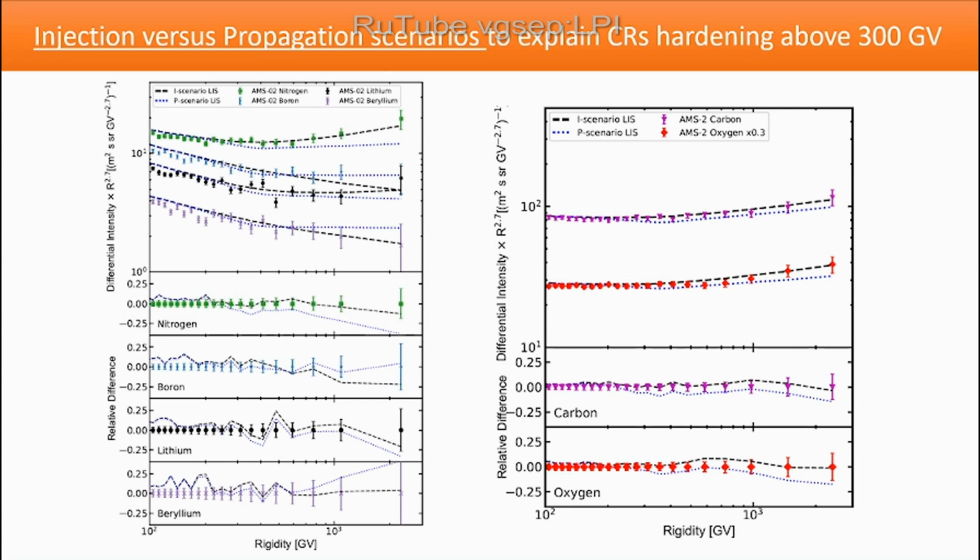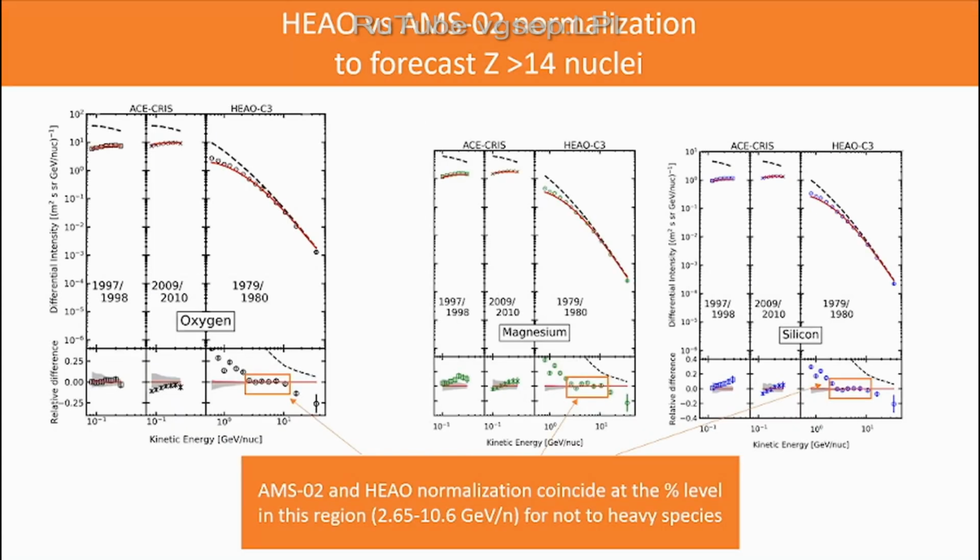And you see on the left these two scenarios for secondary species, and on the right for carbon and oxygen, with injection, basically hardening at sources, so in the supernova explosion, whereas for propagation, a break in the diffusion features of the galaxy. So we cannot say something definitive, but both models can be tested using AMS-02 data.